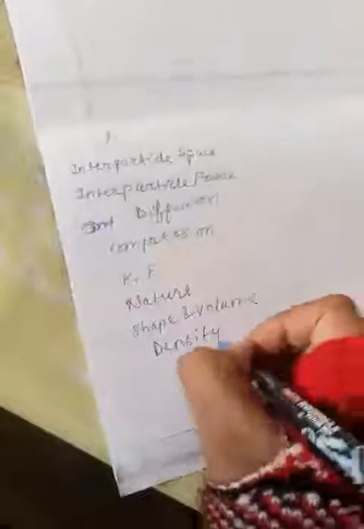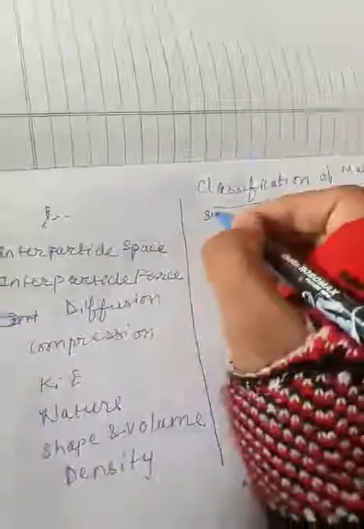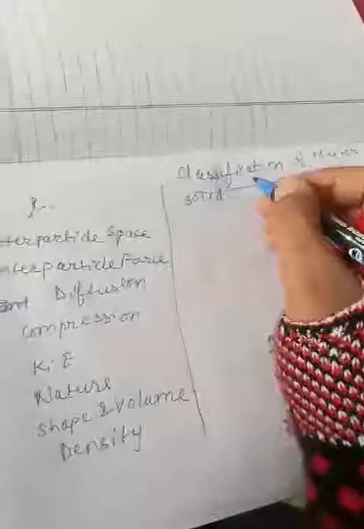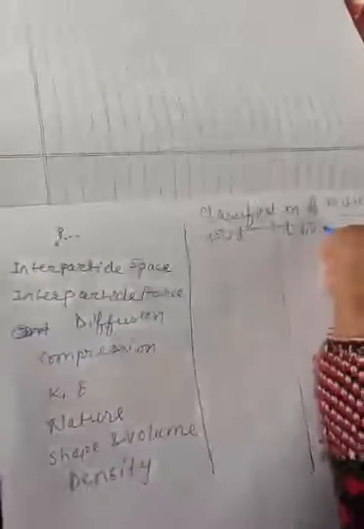The last one is density. Let's classify them for solid, liquid, and the last one, gas.